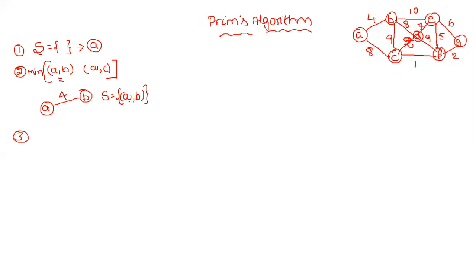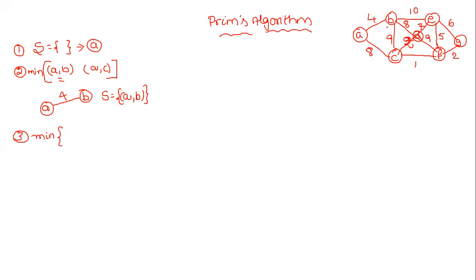For the next step, we will check all the adjacents of A and all the adjacents of B, and take the minimum weight edge. If taking that minimum weight edge forms a cycle, then simply ignore it and move to the next minimum.